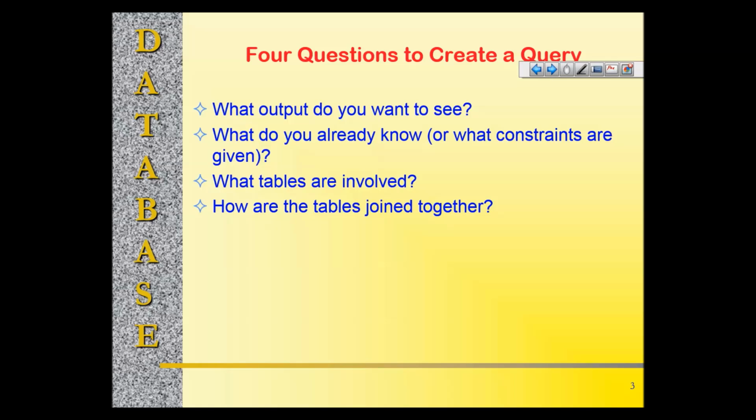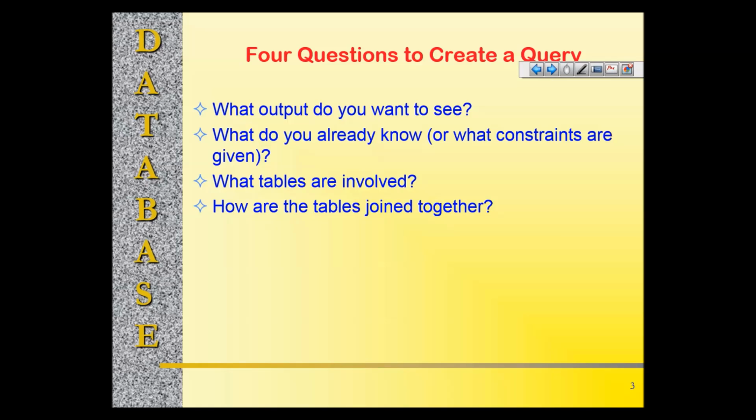The second thing, what do we already know about the constraints? Do we have specific constraints, for example, for the ones who have been with us the longest? Do we know what is the maximum length of time that customers have been here?